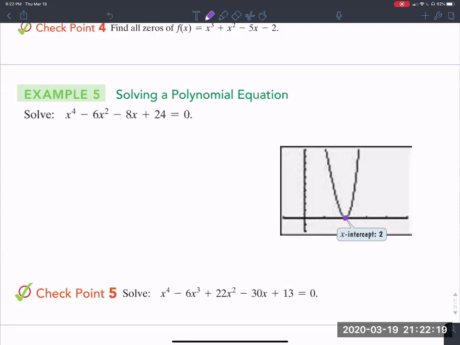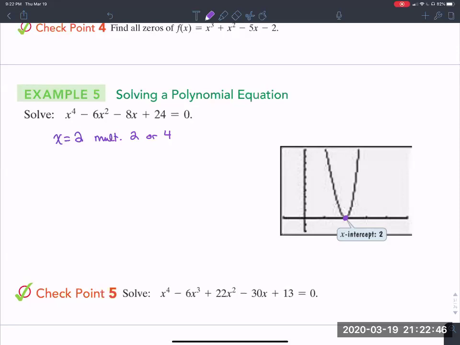Well, what does that mean? That means that x equals 2 has an even multiplicity. So it either has a multiplicity of 2 or 4. So by looking at the graphing calculator, we can tell, number 1, what are my zeros, and number 2, what is the multiplicity of those zeros and how many times they're repeated.